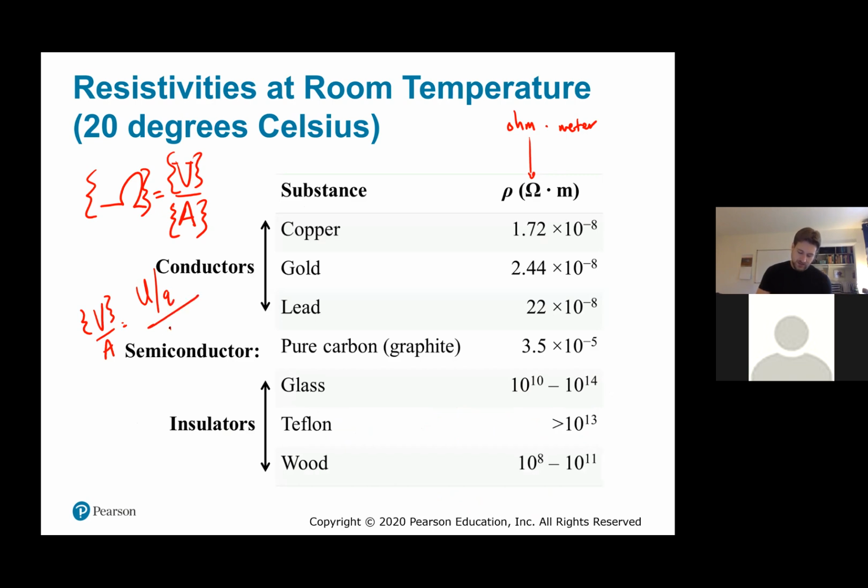And amps is charge per unit time. So this is potential energy times time.